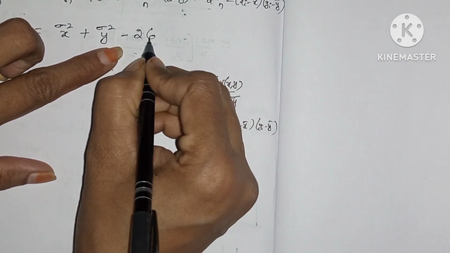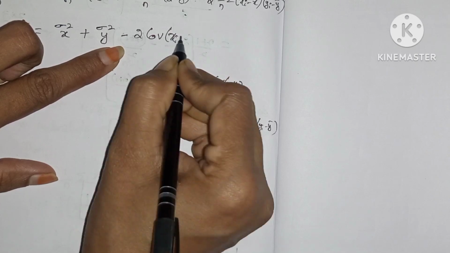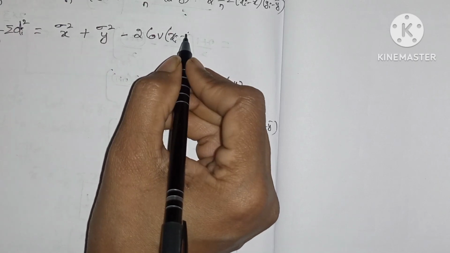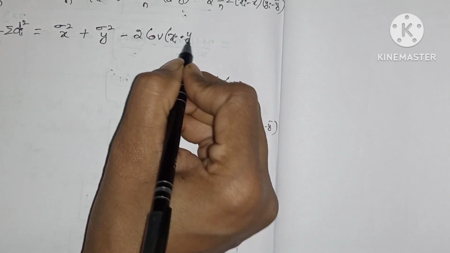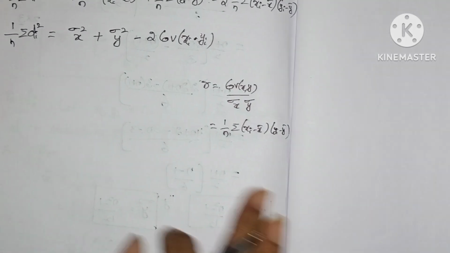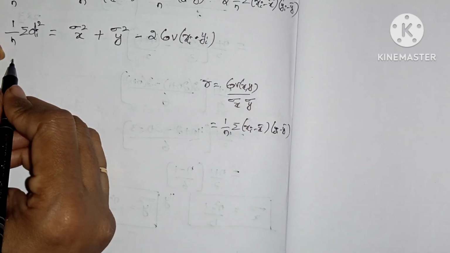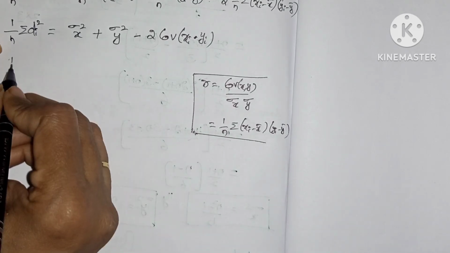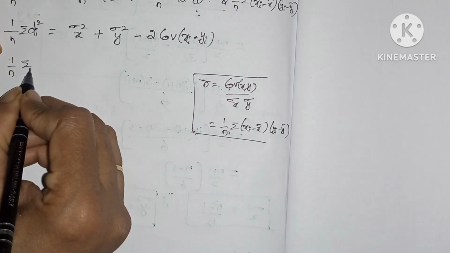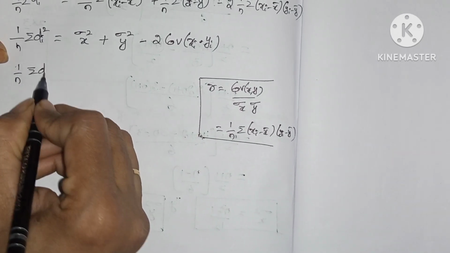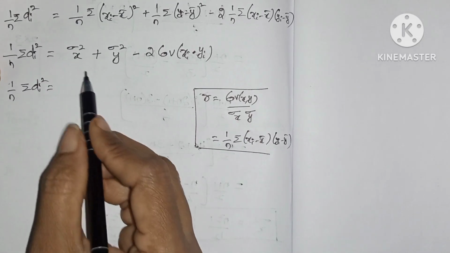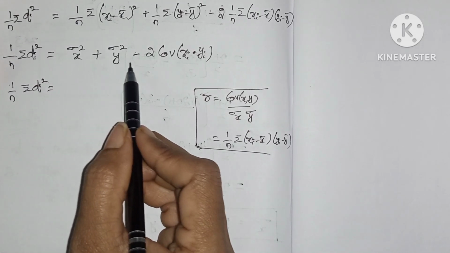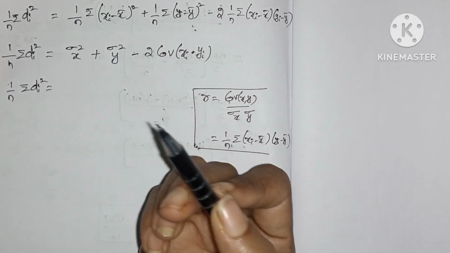Into covariance of xi, yi. Okay. So now 1 by n summation di square equals, see here all the terms will change in the form of x or y.